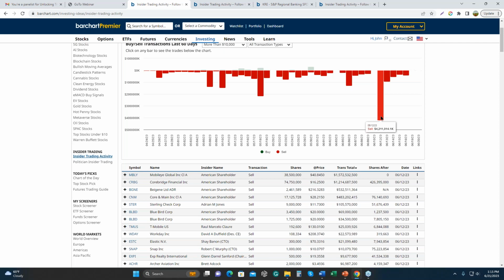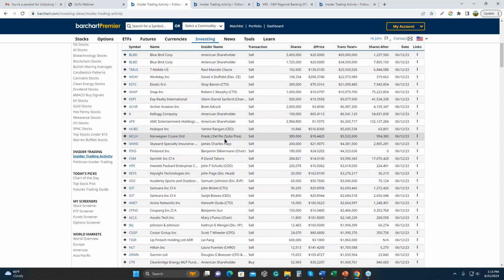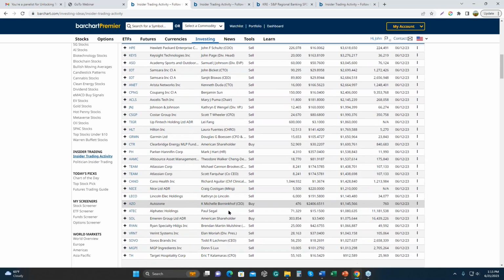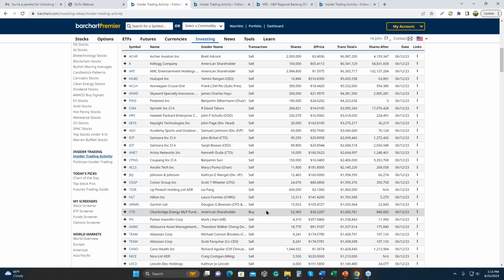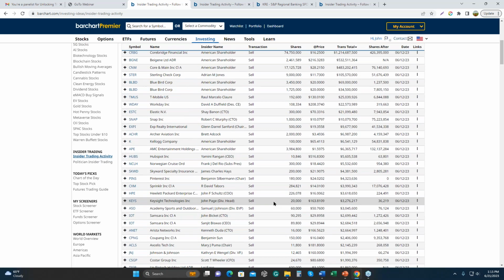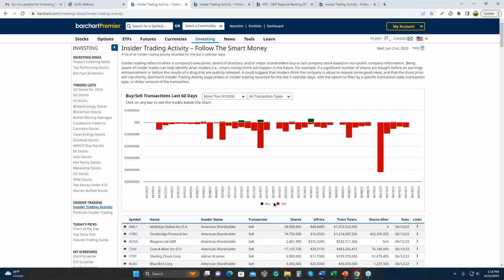So many of them were actually selling into the market. And if you look at the corporate activity in terms of the different types of corporations, you get a nice mixed bag here. So it wasn't like just one sector; it was across multiple equity markets.